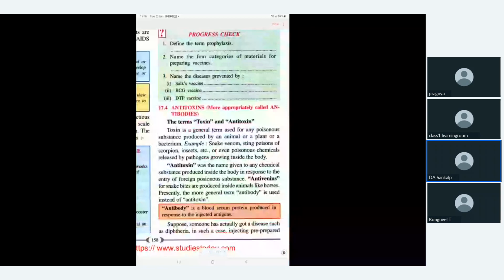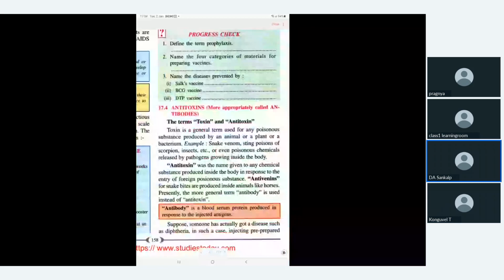What are antivenins? Venom means poison from poisonous snakes, and antivenin is the medicine, an antidote, active against the poison.